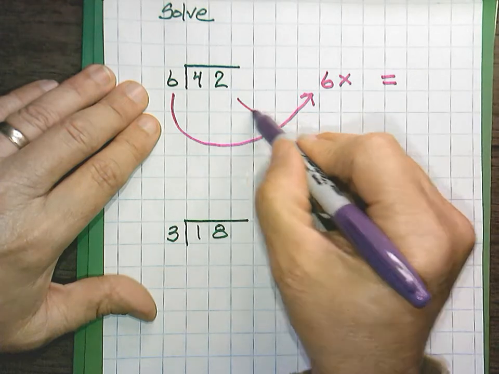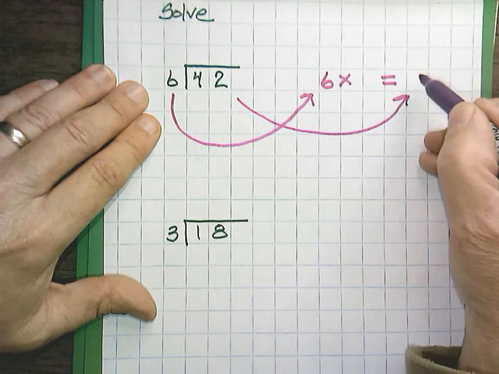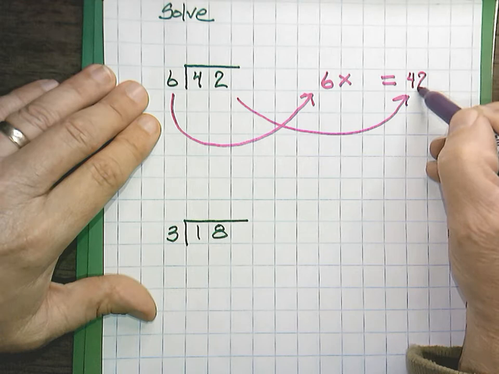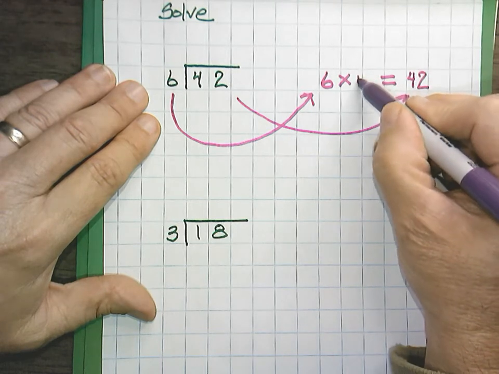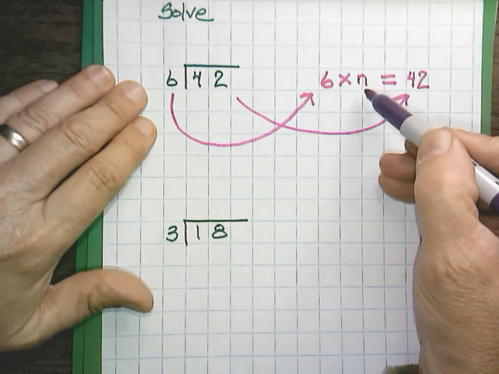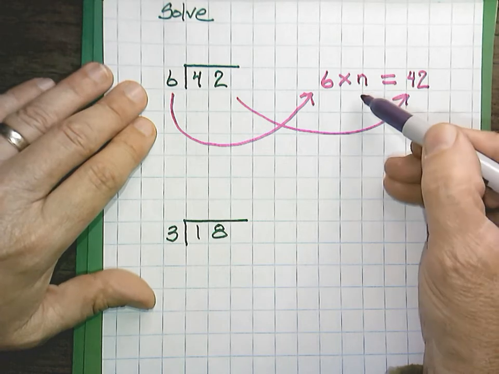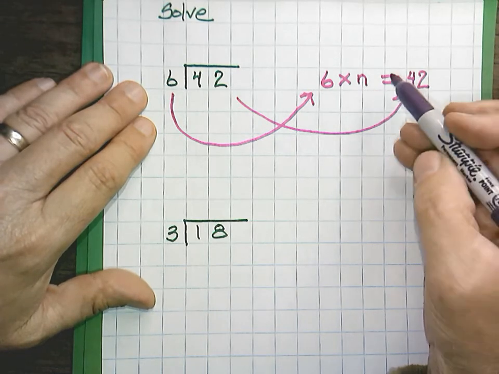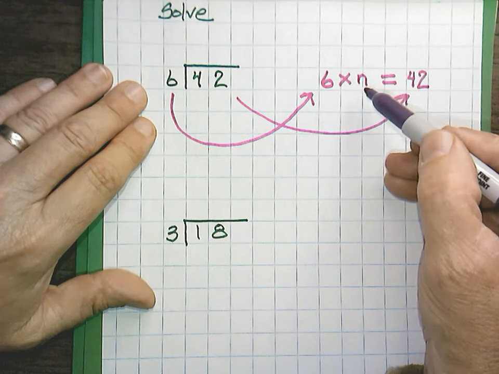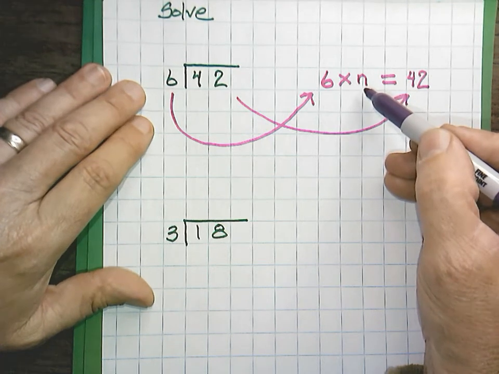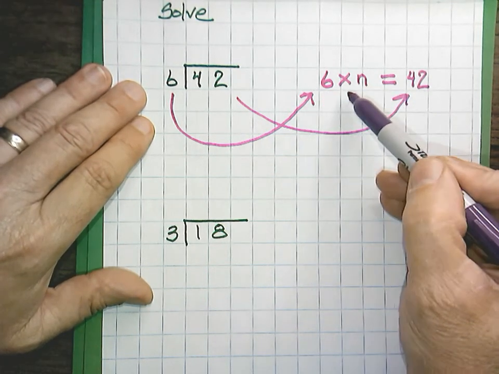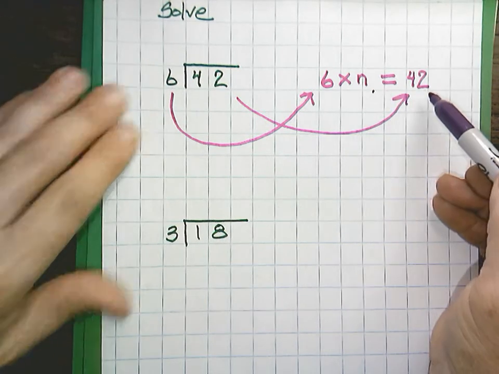And then the 42 is over here. Now, I usually like to use the letter n for the unknown. They call that a variable. We'll talk about that in a future lesson. But usually a letter like that would represent an unknown number. So in other words, 6 times n equals 42.